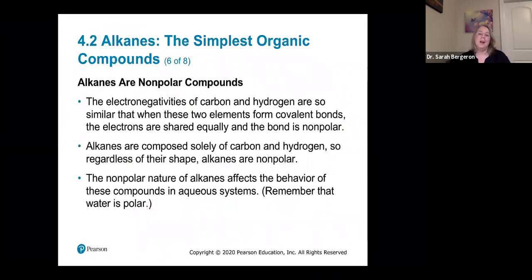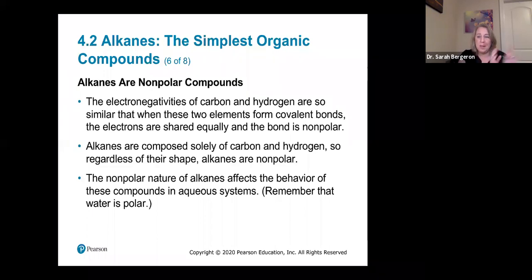Because alkanes are just carbon and hydrogen, and we talked about electronegativity in the last chapter, their electronegativity values are so close to one another that basically they share very equally. They're good siblings, right? They share with each other evenly and equally. Because the electrons are shared equally, there's no partial positive or partial negative charge, and so these are non-polar compounds.